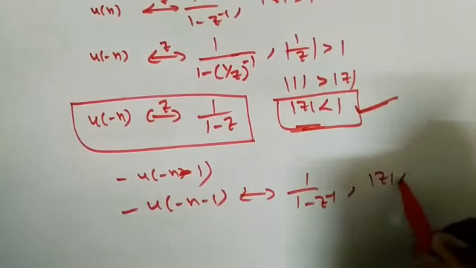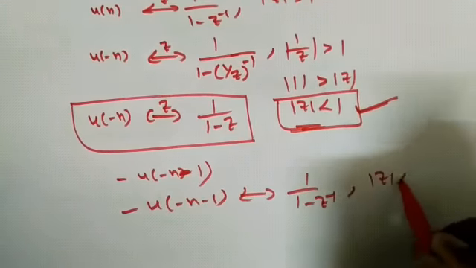But as with the Laplace transform, we always need to take the common ROC between these two. So R1 and R2 are the respective ROCs of x1 and x2 of n. Then we have to take the common ROC of this multiplication, that is x1 of z into x2 of z, right?